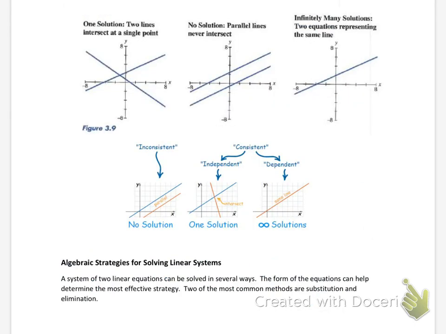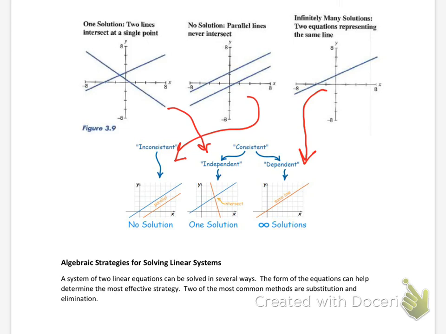Okay, so the way I have this slide set up, you can see that you have one solution. One solution is also called independent. No solution with parallel lines is called inconsistent. And an infinite number of solutions, because you have the exact same line, is consistent but dependent.